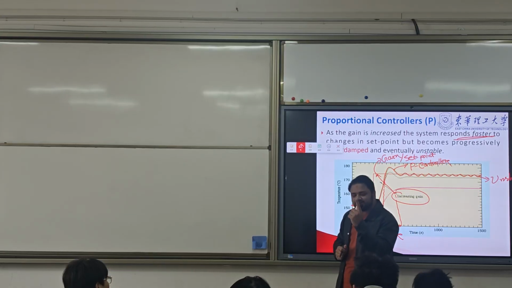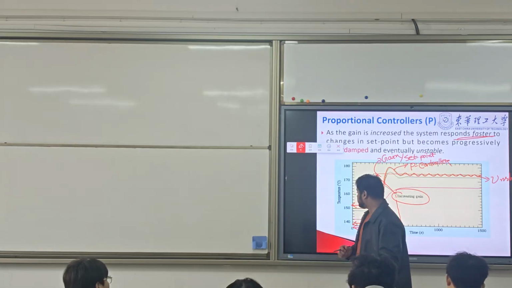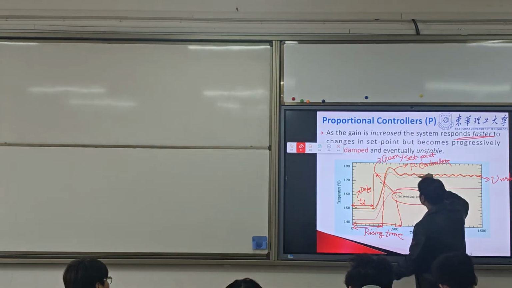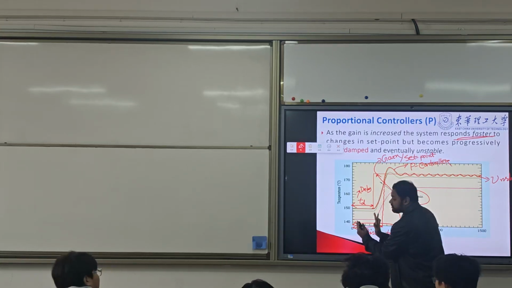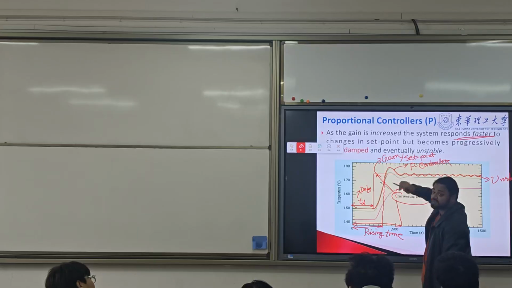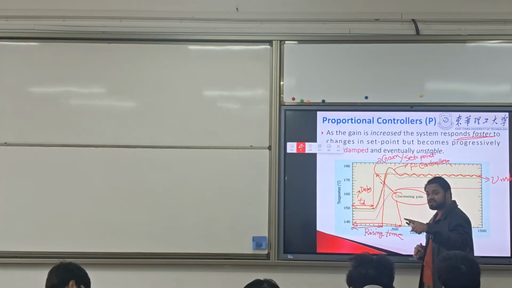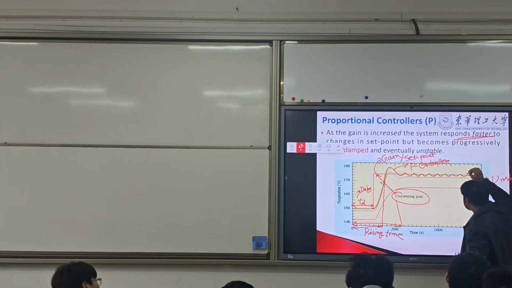So there is one advantage, one disadvantage. What is the advantage? While we use a P controller, the rise time will be shorter. The system will respond fast. But the disadvantage is while it will respond fast, it will oscillate. It will not be fixed.